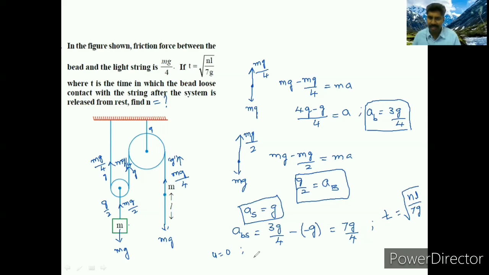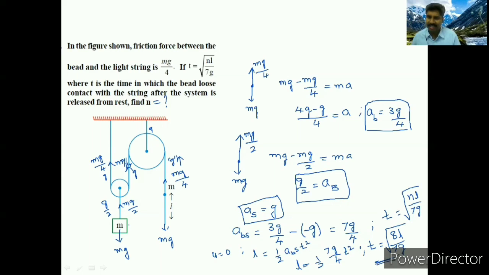So I am taking L is equal to u, that is 0, plus half a, the bead with respect to string, t square. So half of 7g by 4 t square is equal to L. So t is equal to under root of 8L by 7g.